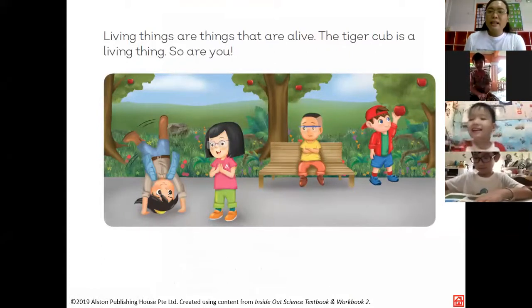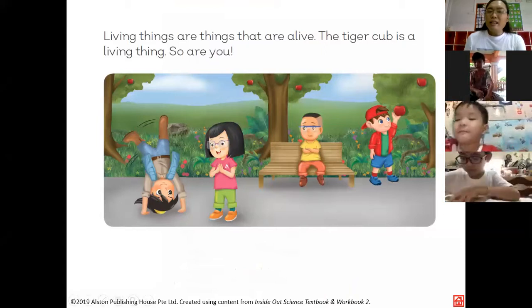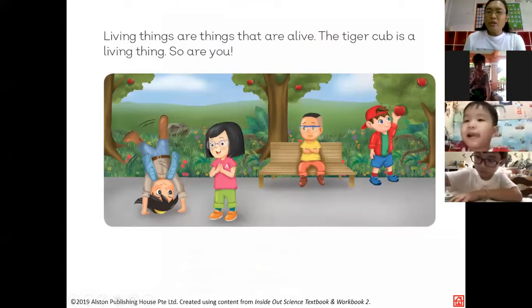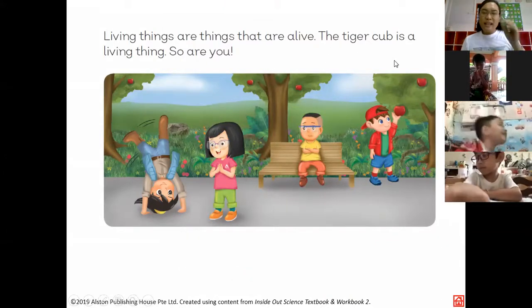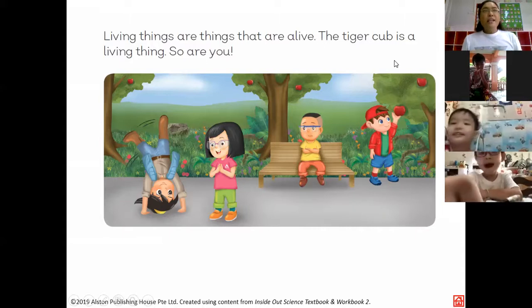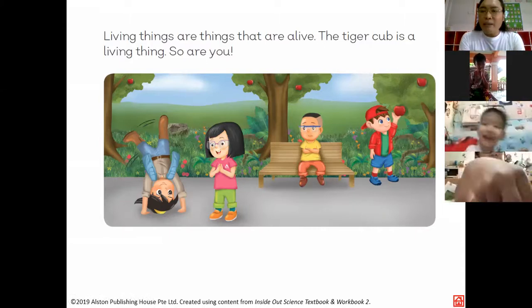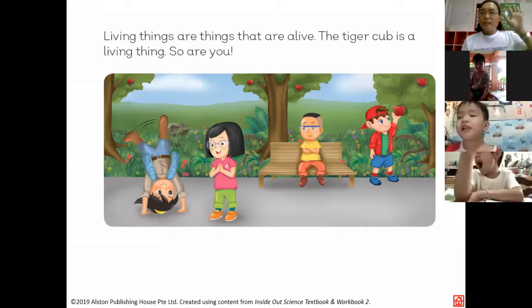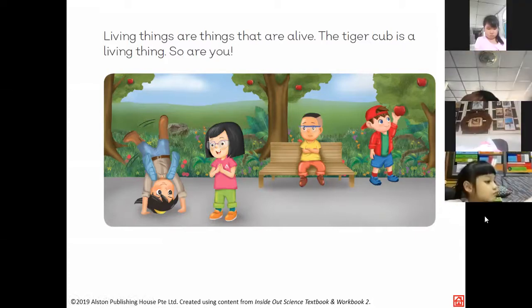Page number 3. So what is living things? Living things are things that are alive. Example, the tiger cub is a living thing. Can you give me another example of a living thing? Raise your hands.